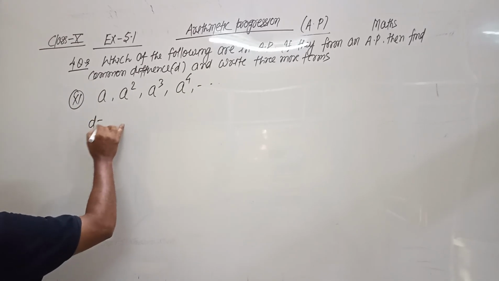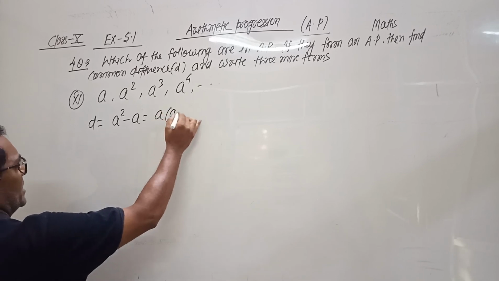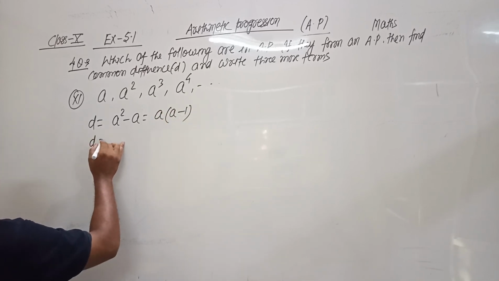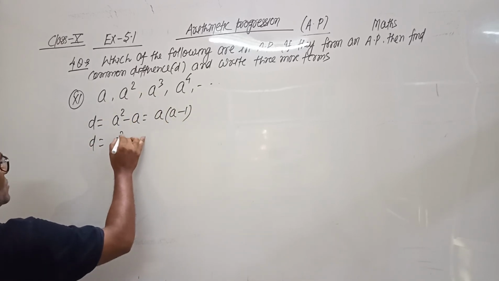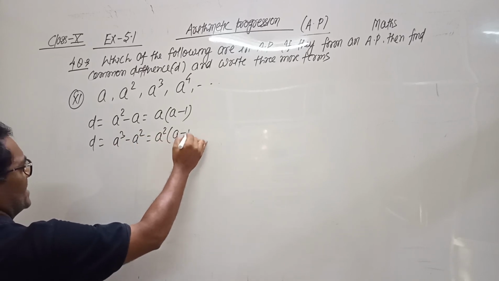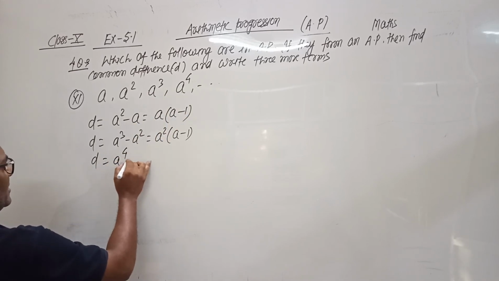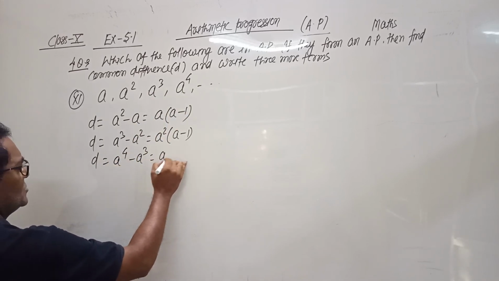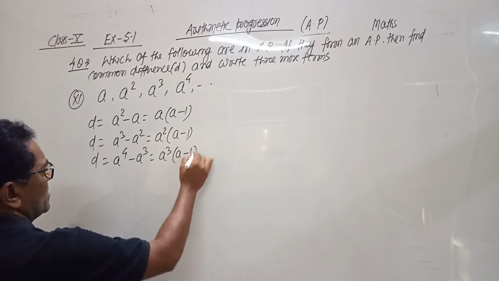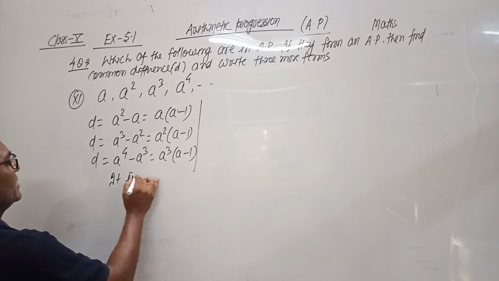So the common difference: a square minus a, a is common, we get a minus 1 times a. Again find the common difference: a cube minus a square, a square is common. a to the 4 minus a cube, a cube is common. The common difference is not the same, so it is not in AP.